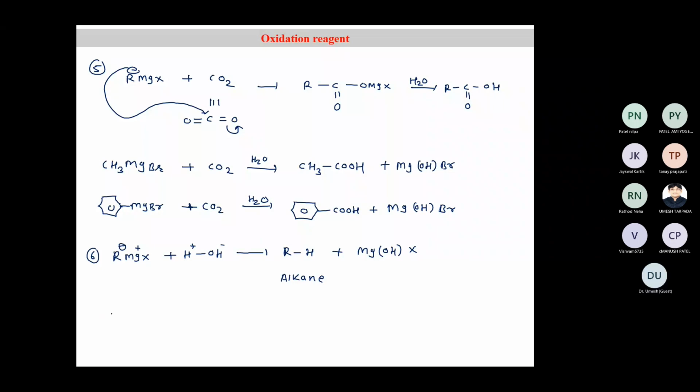You can also add Grignard reagent to oxygen. What happens? Two moles of Grignard reagent are required.